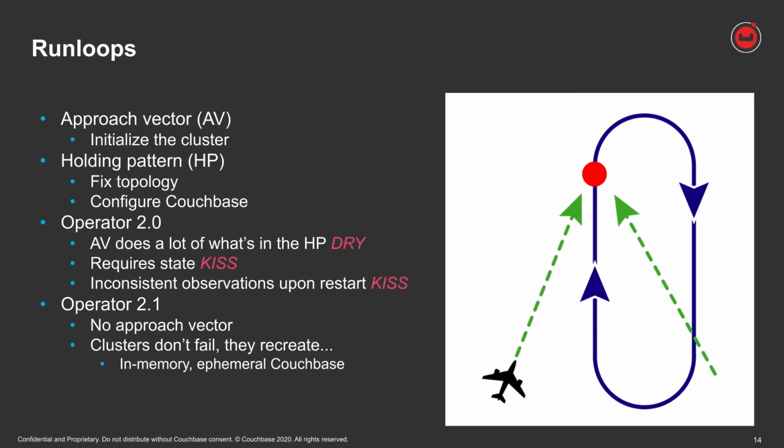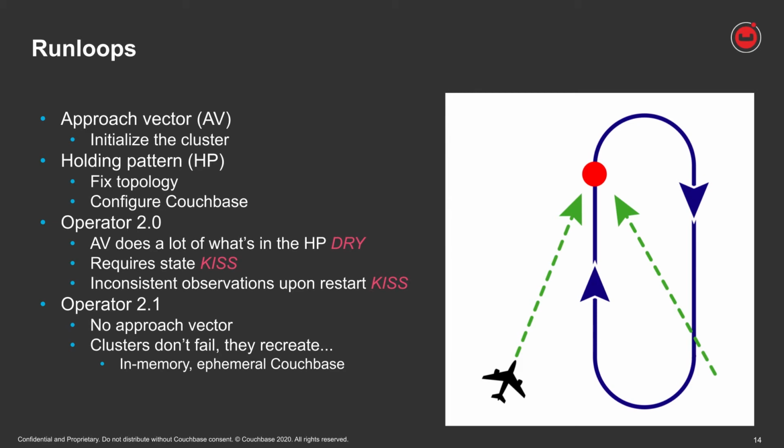So what if we move that from the approach vector into the actual run loop itself? The other problem is the approach vector had state. Anyone who's used the operator in the past will dread the occasion when you restart the operator and it goes, oh, sorry, that cluster's failed. That's because it kept state lying around.